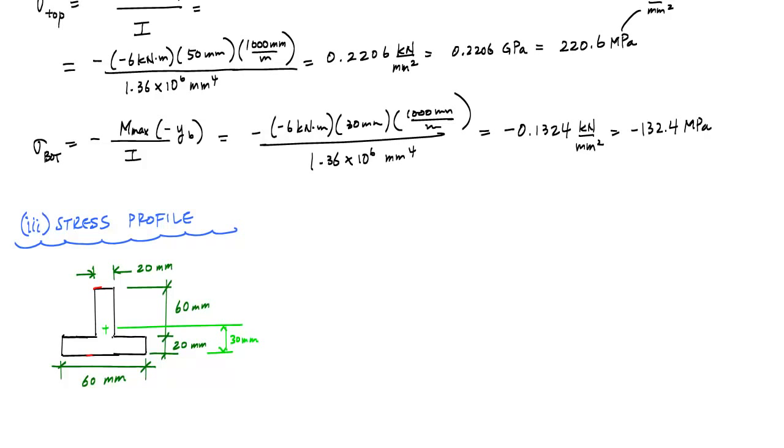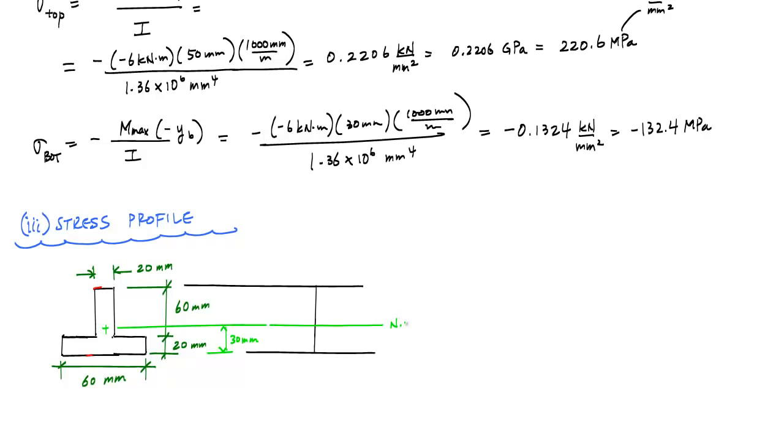To draw the stress profile, I want to draw horizontal lines from the tops and bottoms of my cross section, which will represent the face of my cross section. If I took this T shape and turned it 90 degrees out towards you, my neutral axis line is just going to extend out right here.